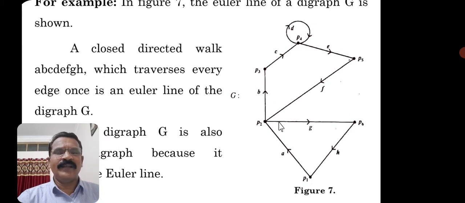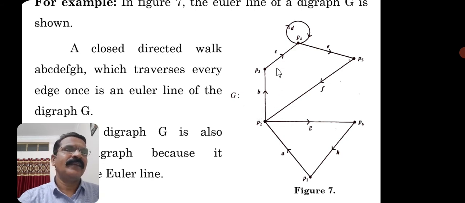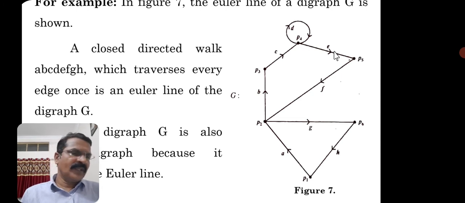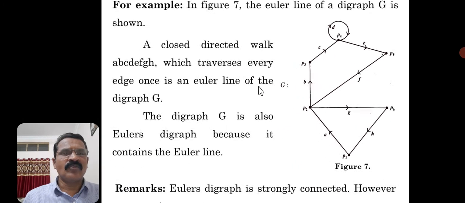So let me see. A closed directed walk. You can observe a closed directed walk A, B, C, D, E, F, G. So identify those edges. It is A, B, C. Let me zoom if it is possible.